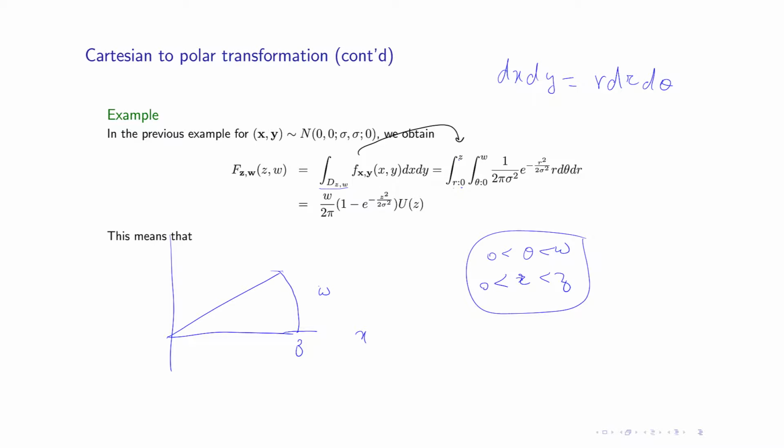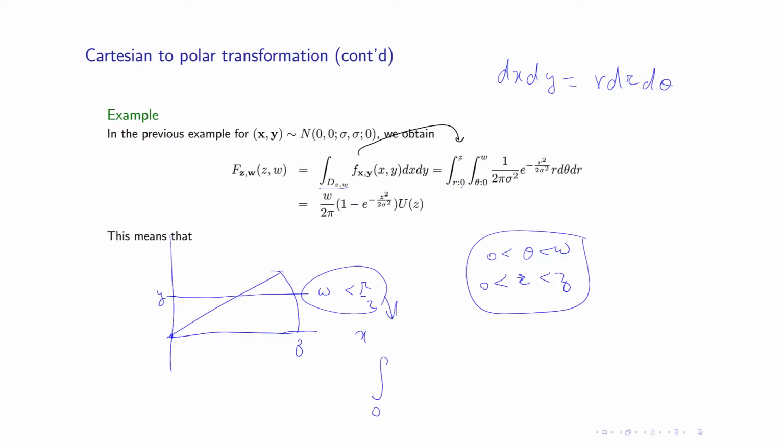If w is smaller than pi over 2, then for a given y, the minimum value of y is 0.